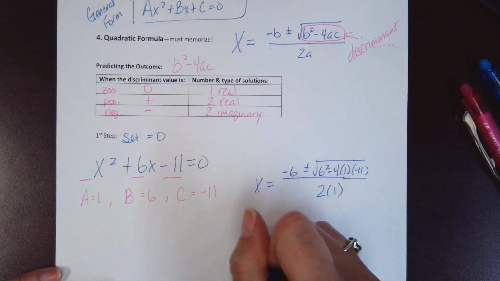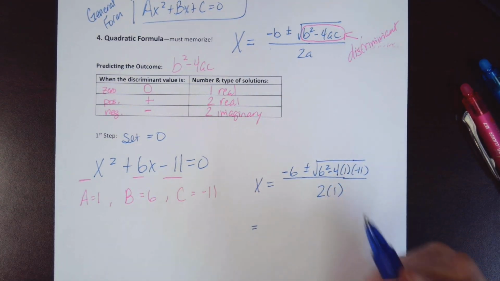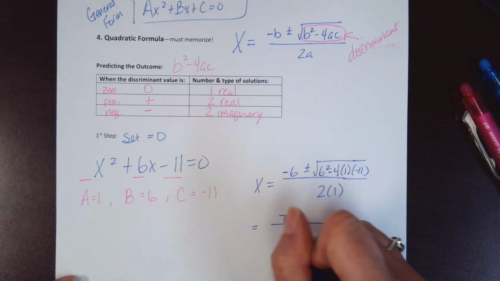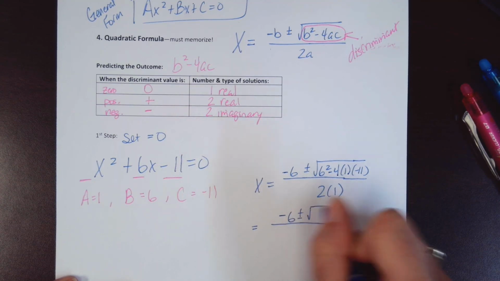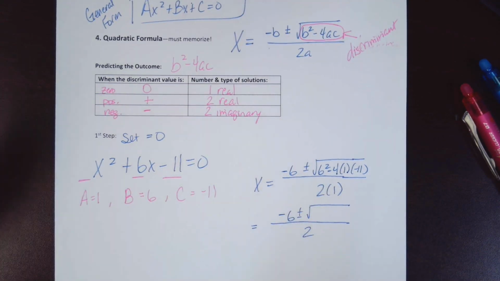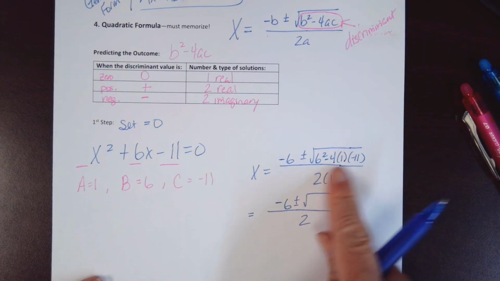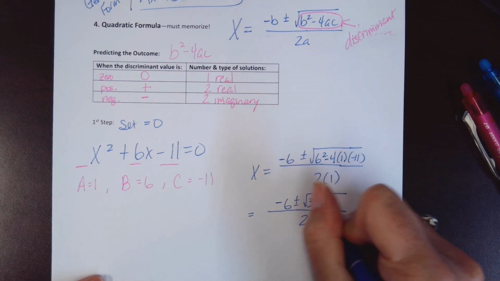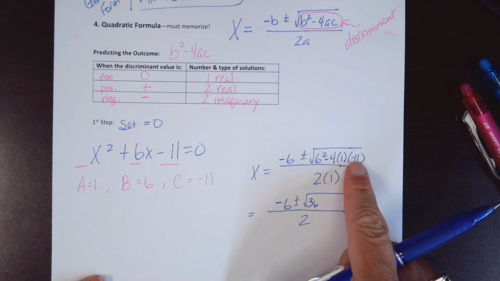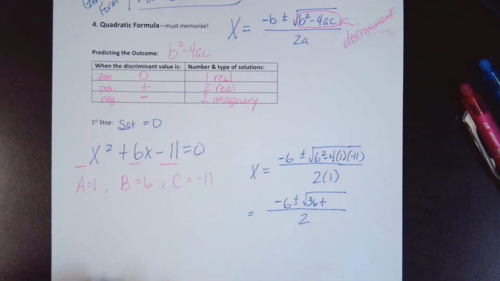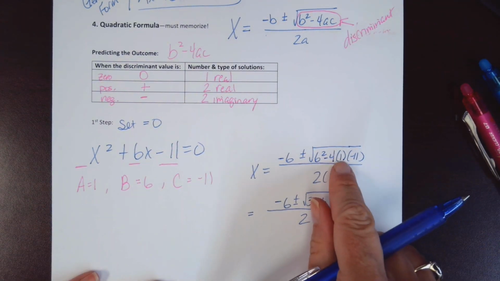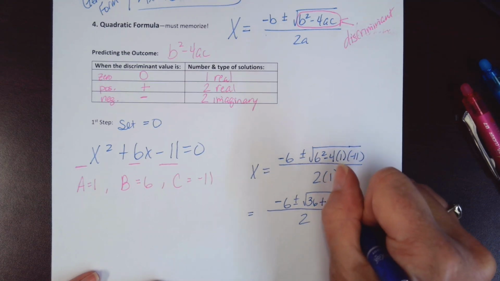Now my next step is going to be to simplify. I'm going to simplify underneath my radical. Negative 6 plus minus, well, my denominator, 2 times 1 is just 2, so that's easy. Underneath my radical, 6 squared is 36. A negative times a negative is going to be a positive, so I'm going to add there. 4 times 1 times 11, that's just 44.